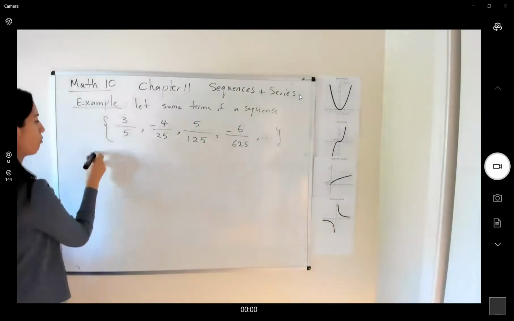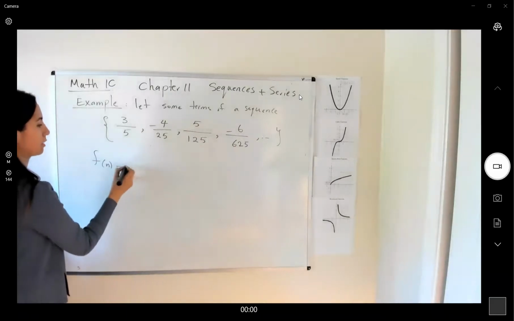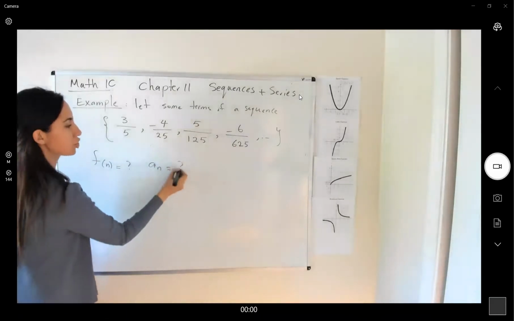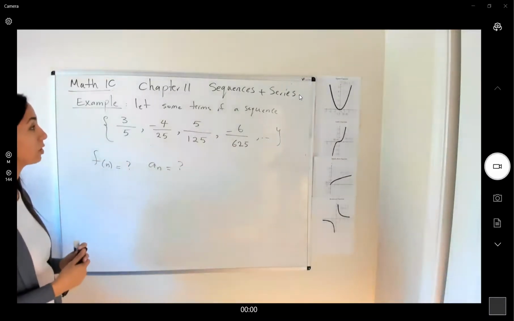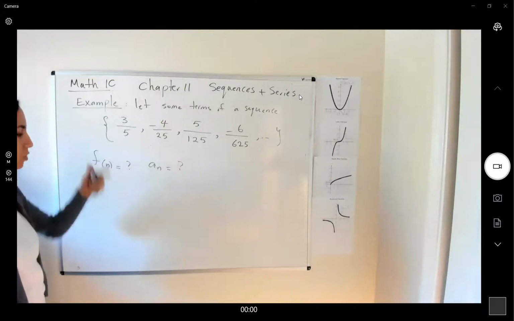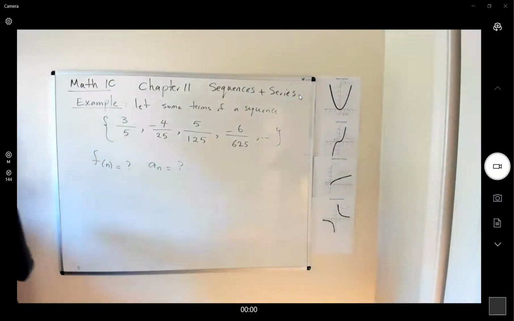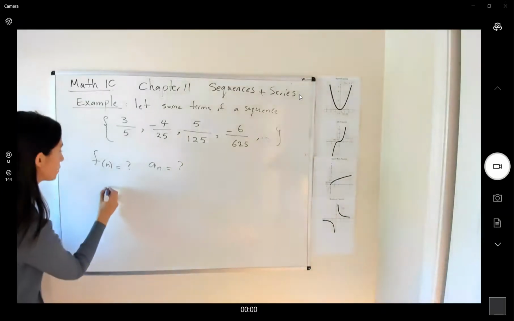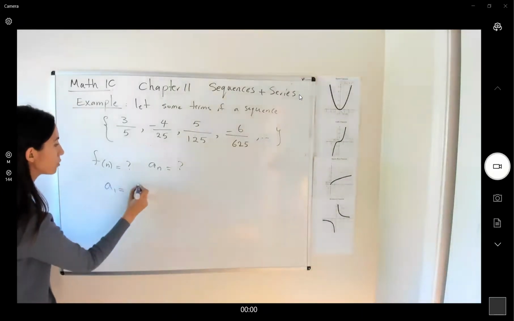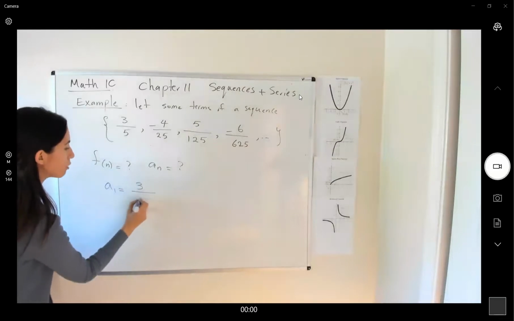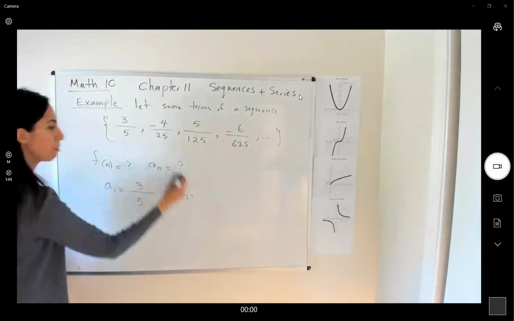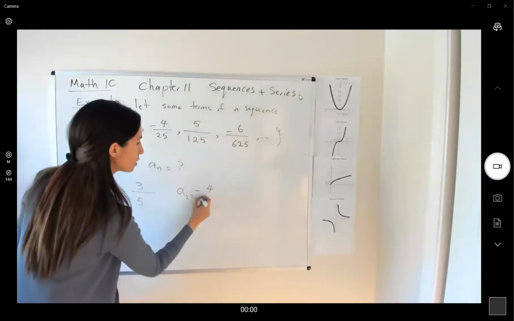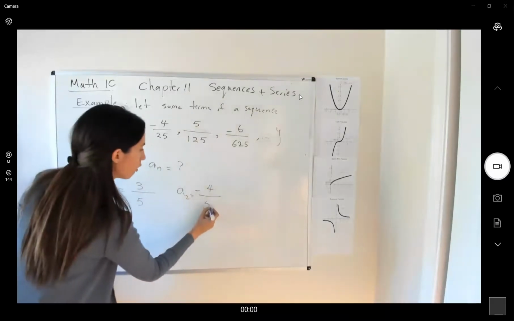The question says, what is f of n? What is the general formula for this sequence? Okay, perfect. So we know that the first term, a sub 1, is equal to 3 over 5. The second term is minus 4 divided by 5 squared.